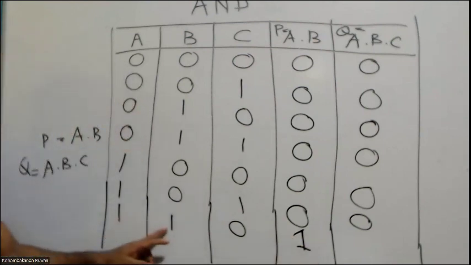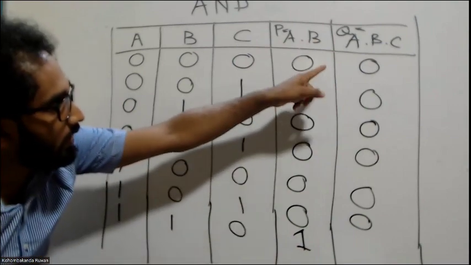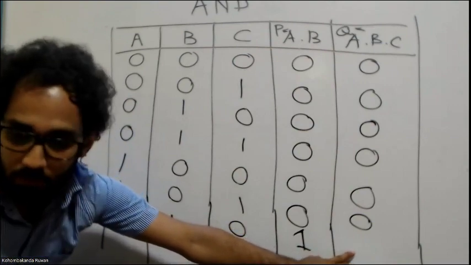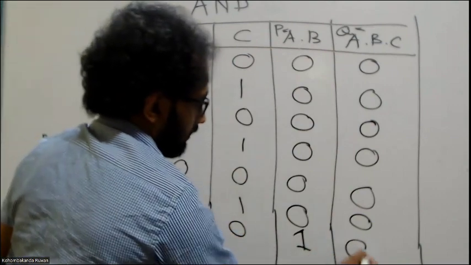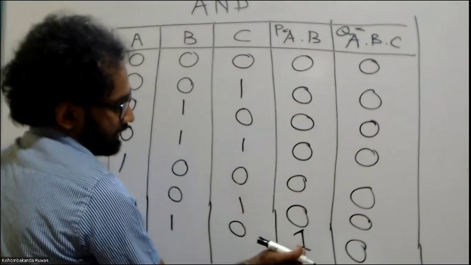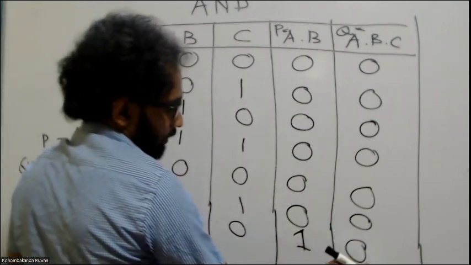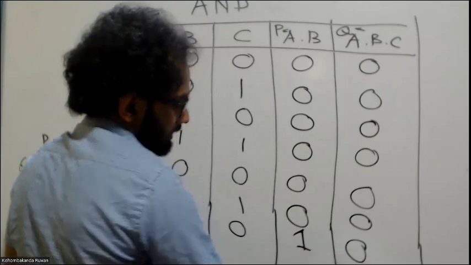Why? Both are 1. Then tell me A and B and C. What is the result today? Here A and B is 1, C is 0. Therefore, the result will be 0.